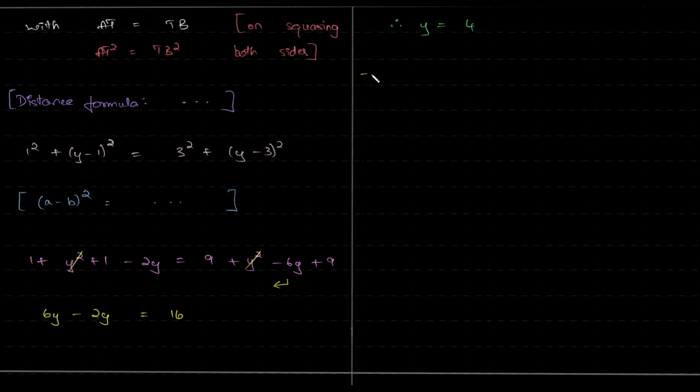So what does this imply? Thus 0, 2 is not a point on the perpendicular bisector, so the statement is false. Okay guys, so the statement is false, and that would be your answer.